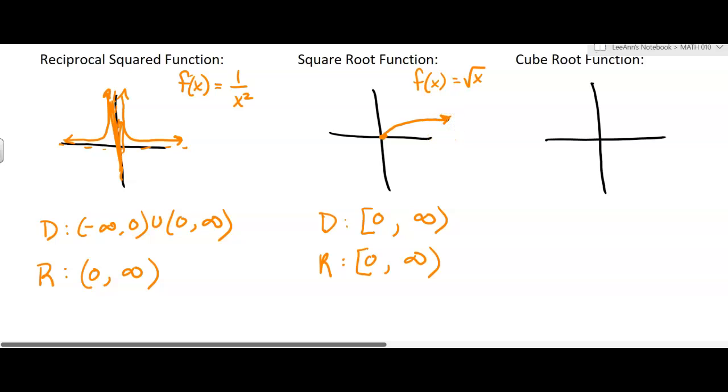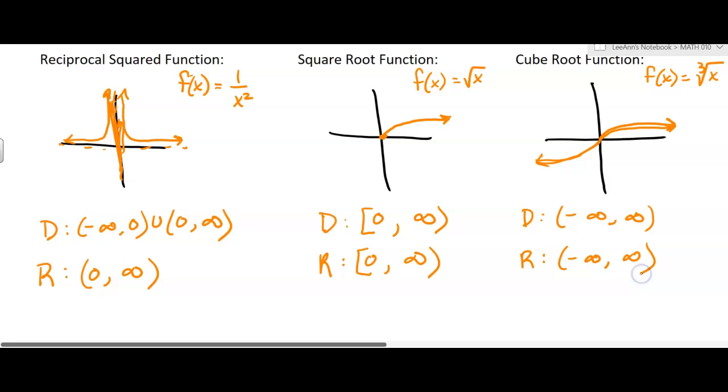No, it's not, but it's still going up a little bit. Okay, the cube root function, f of x equals the cube root of x. That was like the sideways snake, kind of like that. Okay, not really like that. That's going to be a domain of all real numbers and a range of all real numbers. And I think that's it for the 9 basic functions.